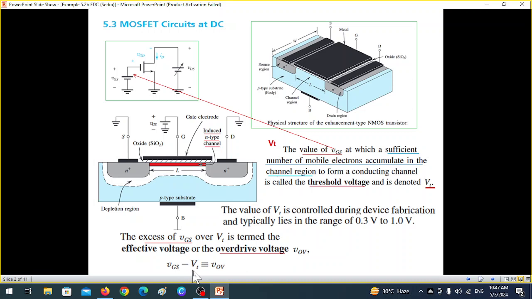So VGS minus VT is VOV. This is also an important formula that we'll be using here. And when we are dealing with an NMOS type of MOSFET, then for VT we actually write VTN, N for NMOS.